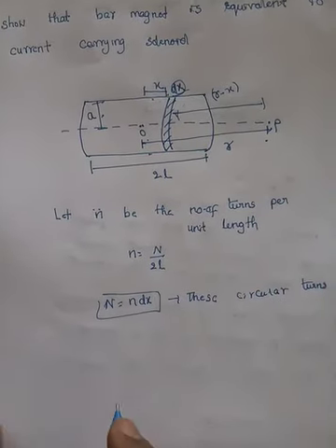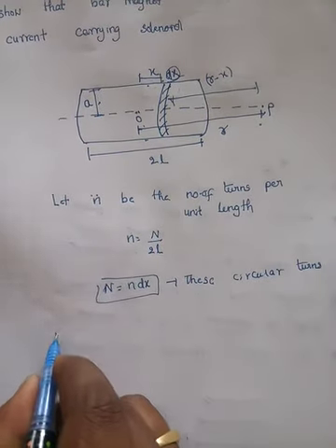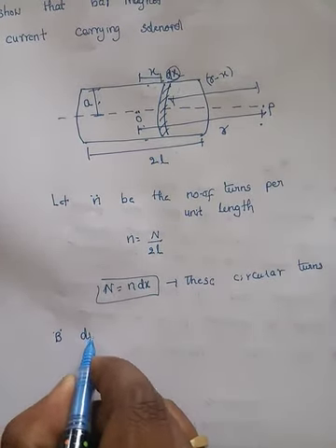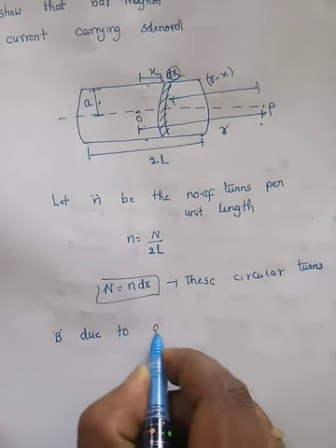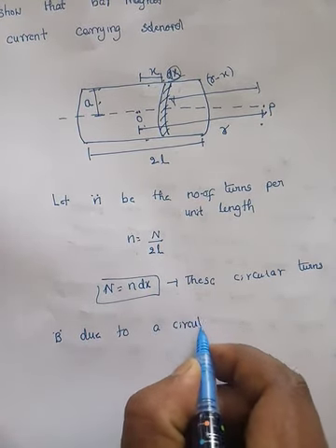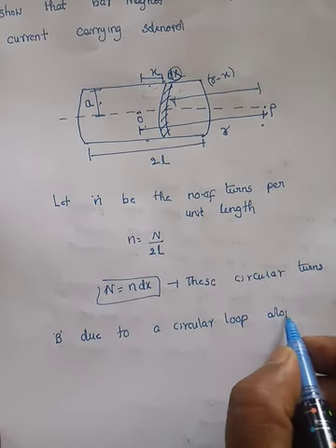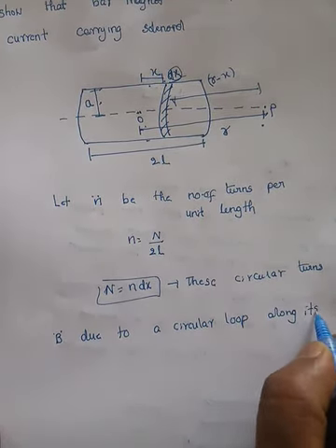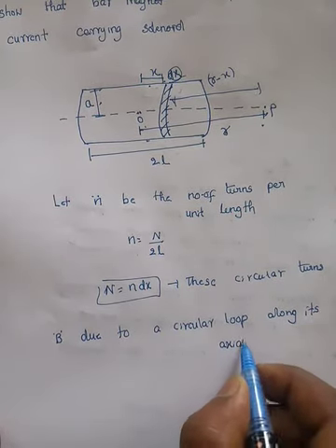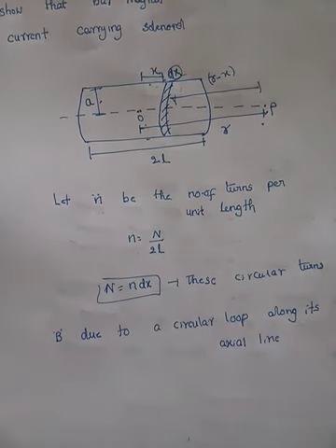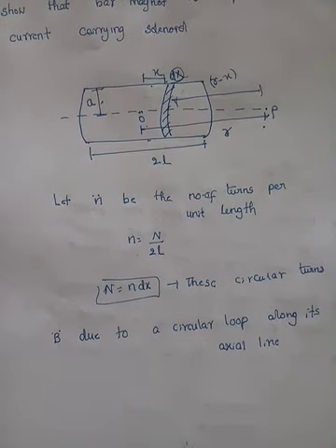We already derived in the previous chapter the magnetic field due to a circular loop along its axial line.